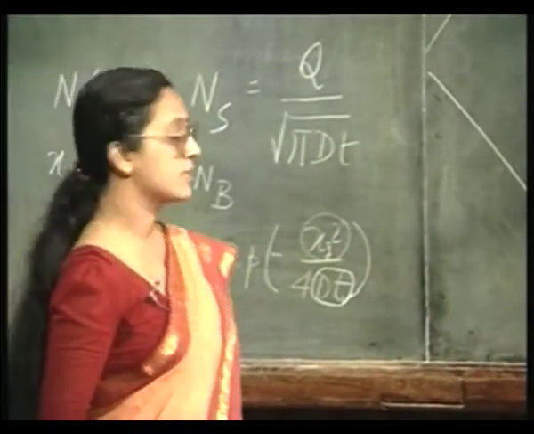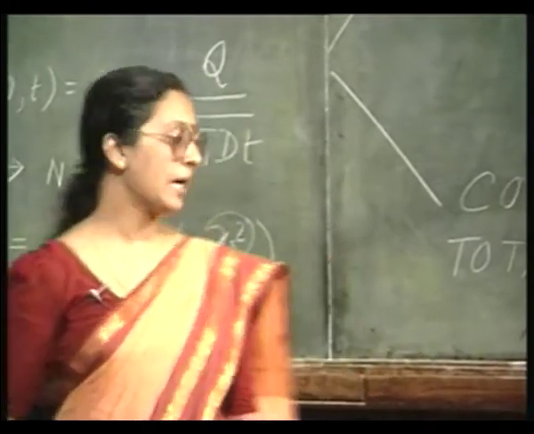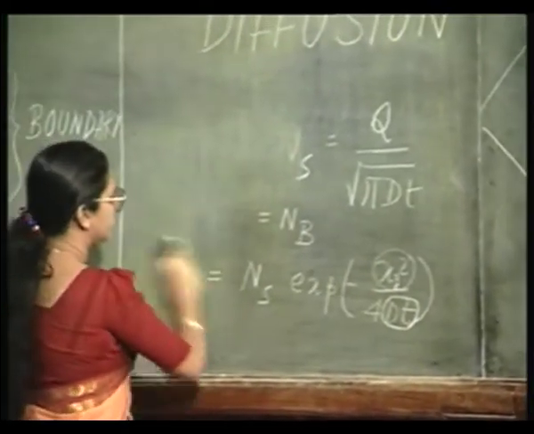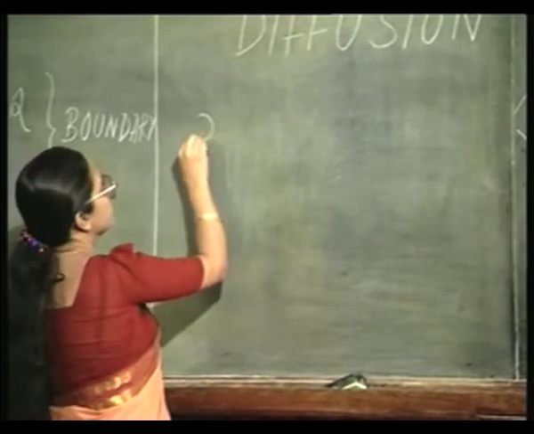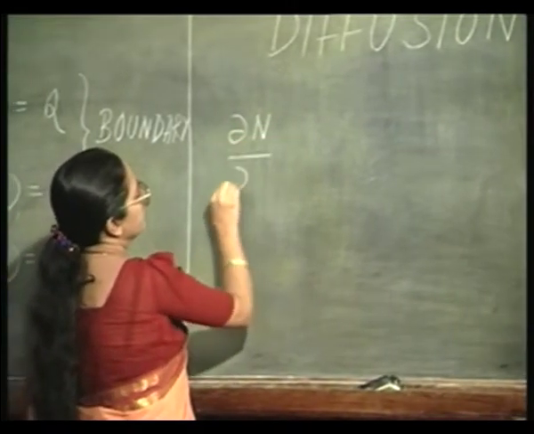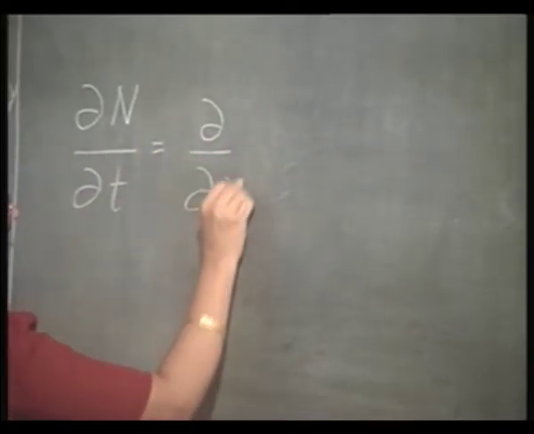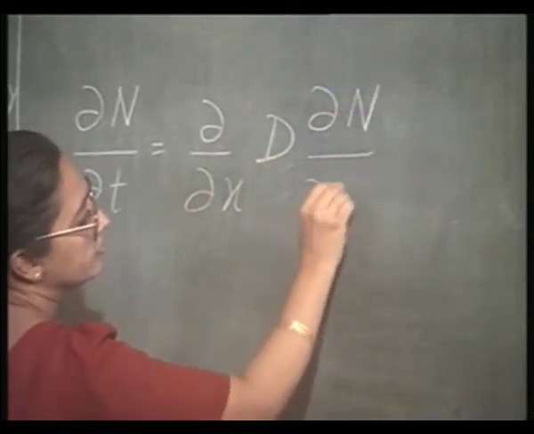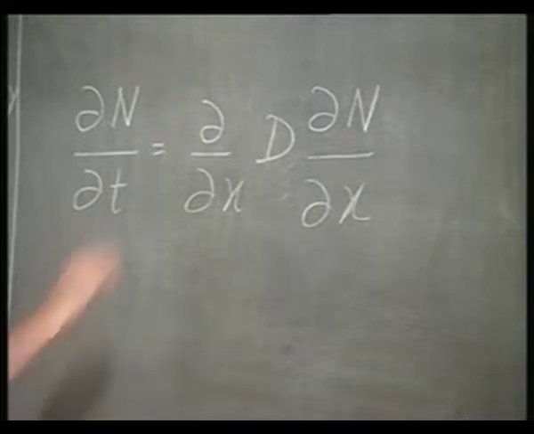Well, in that case obviously we cannot use the simple diffusion equation, we have to go back to the original equation, that is del N del t is equal to del del x of D del N del x.